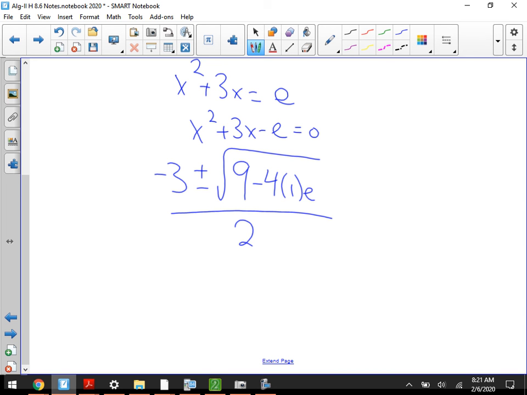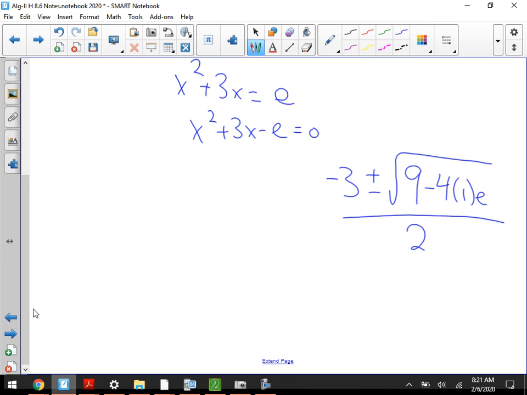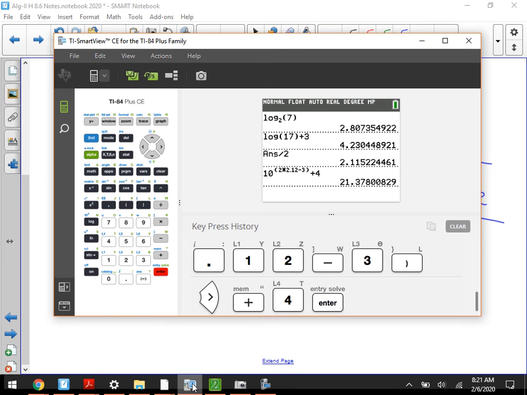Now, could I get a decimal out of this? Yeah. Sure, you can put decimals in. You know there's an E button, right? All right. I'll show you guys how to type in the positive value of this, then we'll see how we do with the negative.